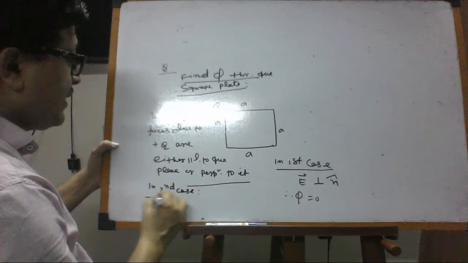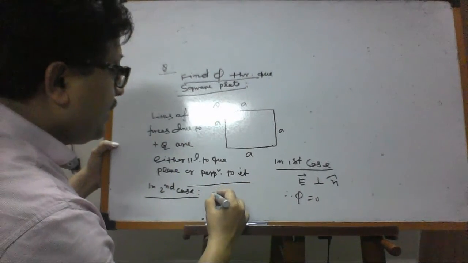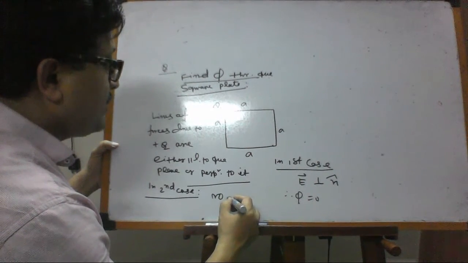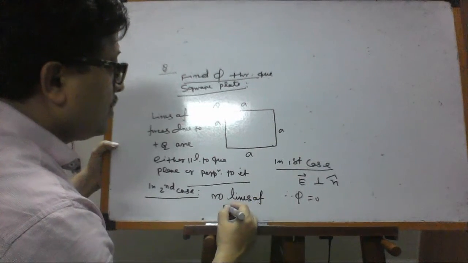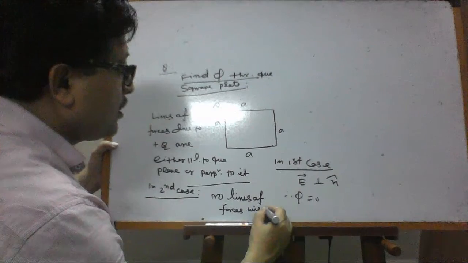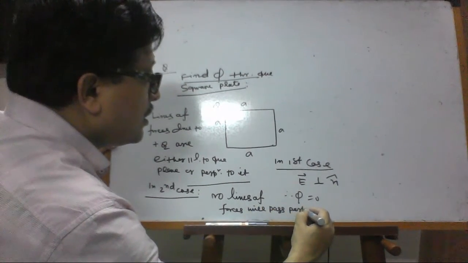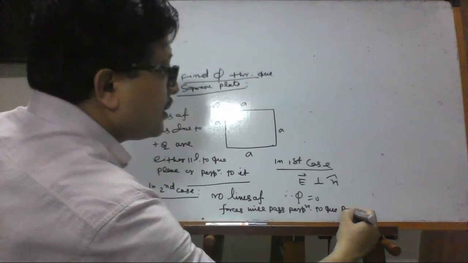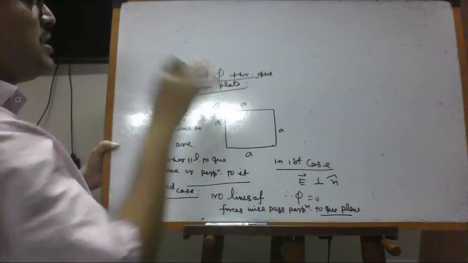In the second case, no E, no lines of forces will pass perpendicular to the plane. Am I correct? Because lines of forces will go this manner only.